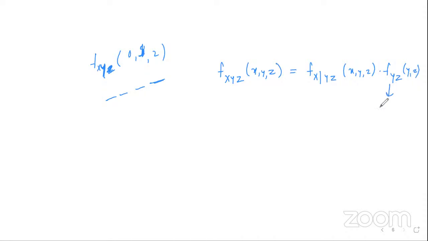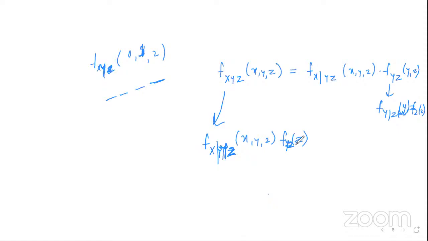And again, this yz, we can write it as f y given z of yz, basically times fz of z. You can also write it as f of xy given z into fz of z. You can write it in many ways. So you can write it in many ways you want. I think it's the same thing repeated.